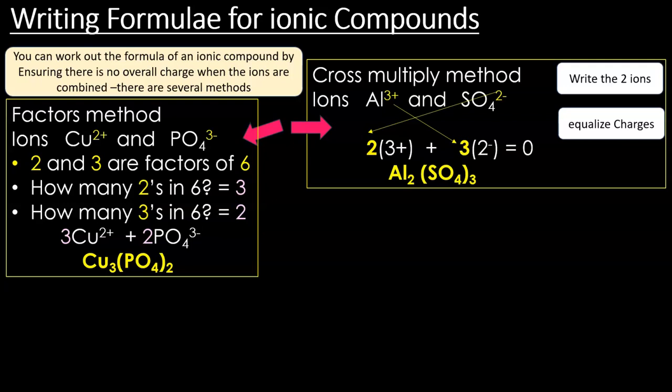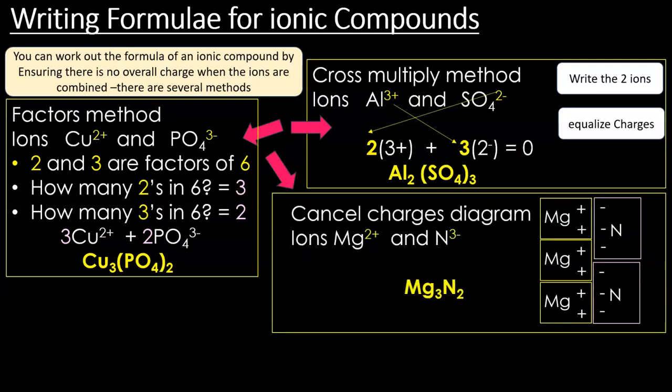So very simply, how many 2's in 6? The answer is 3. So I want 3 copper 2+. How many 3's in 6? The answer is 2. So I want 2 PO4 3-. So very simply creating the formula, Cu3(PO4)2.